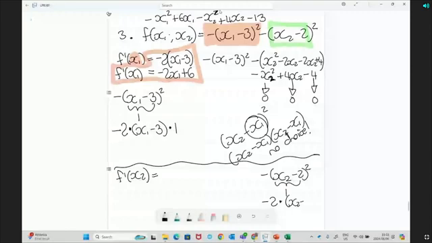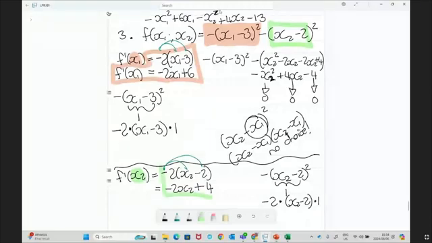The brackets stay the same times that derivative. Right, so it's going to be -2 times x2 minus 2. And then in the end, it's just -2x2 plus, and I hope you see why it's a plus, 4. Remember, you have to multiply the minus as well. So -2 times that and that, -2 times that and that. Right, and then you've got that one as well. So that is for x2, all of this.